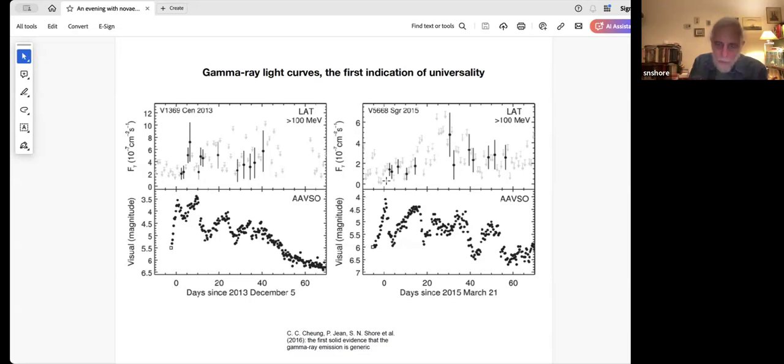This is something you don't have to deal with in the optical, because none of us are naive enough to try to observe novae in the daytime in the optical. Okay? If we were, we would have this problem, that the background would be changing from one day or 1 hour to the next.